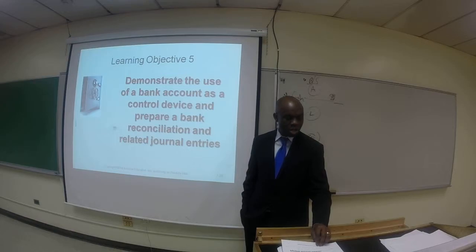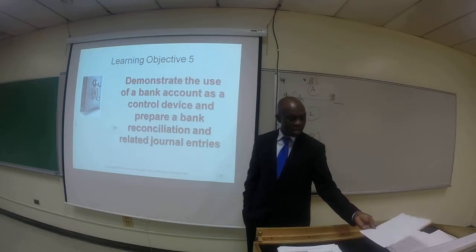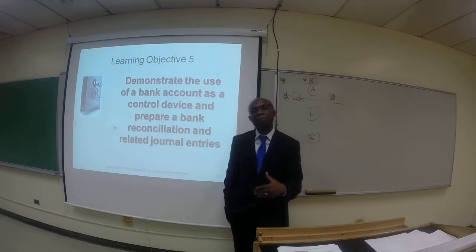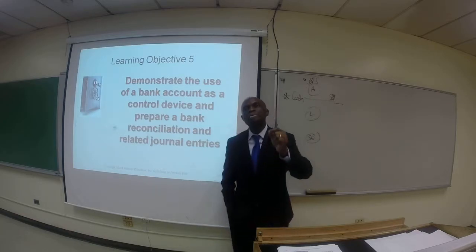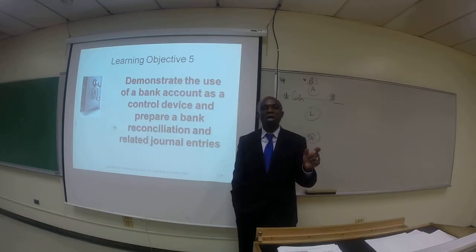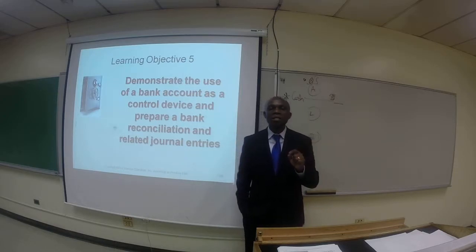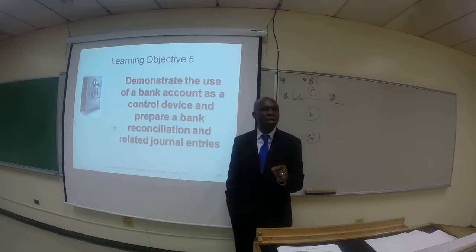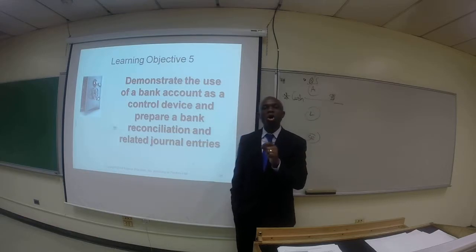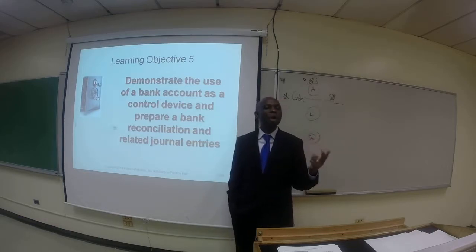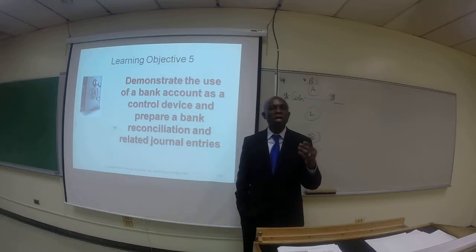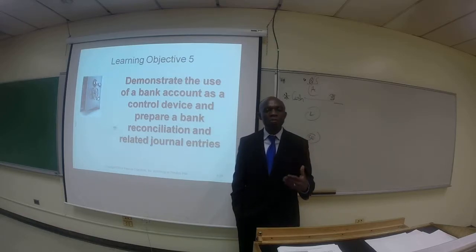as a security measure. Now there's another advantage of having a bank account. What happens is the company keeps track of the cash and the bank also keeps a record of your cash as well. So you wind up with two parties keeping records of the same thing.